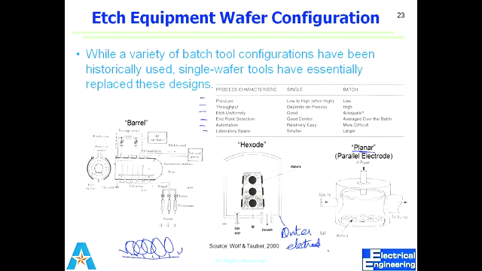Okay, etch equipment, wafer configuration, that table is of interest for you guys: these days single wafer equipment is replacing batch wafer. I know the throughput would be high if we are working on a wafer batch instead of a single wafer. As you can see in the second line of the table, the throughput is high for batch processing as compared to single wafer.